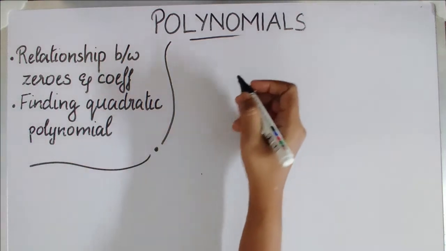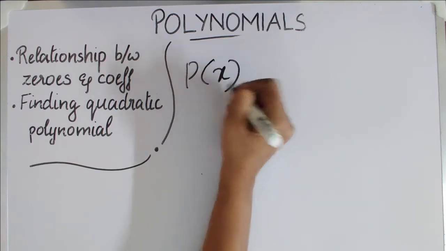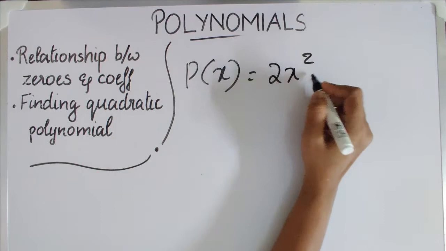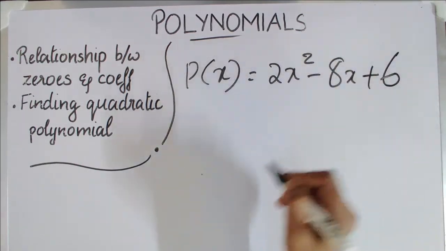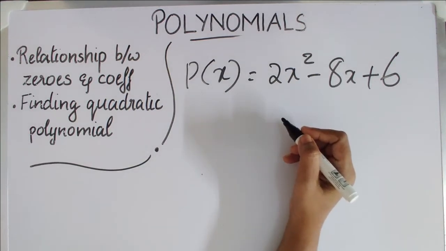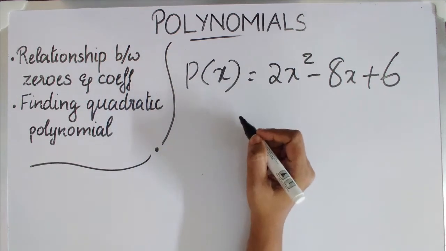Let us consider a quadratic polynomial p(x) equal to 2x square minus 8x plus 6. Here we are discussing how zeros and coefficients are related.